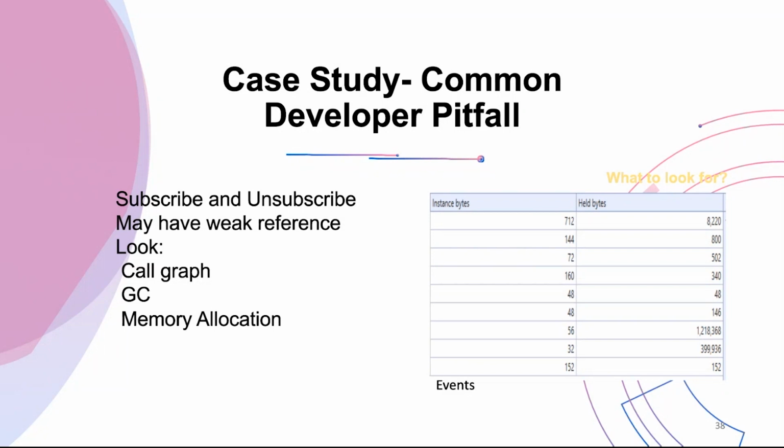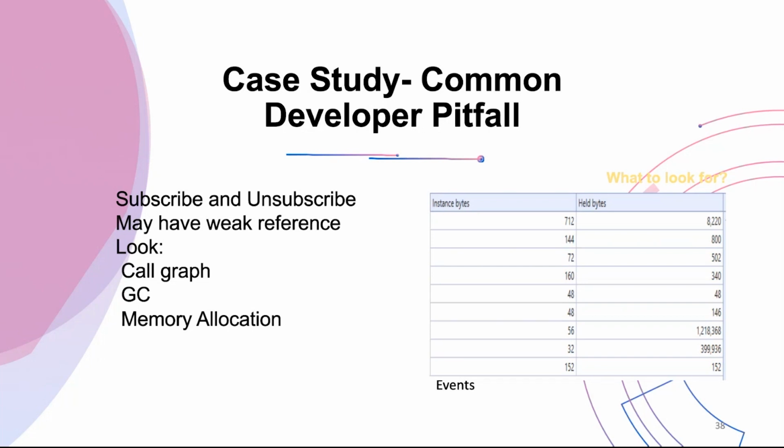So let's say we have subscribed to an event from class A, and class B is responsible to publish that event. So let's say in a particular scenario, the subscriber who was subscribing to that event no longer exists. It is collected by the garbage collector.